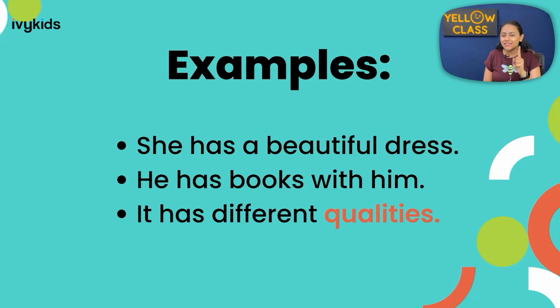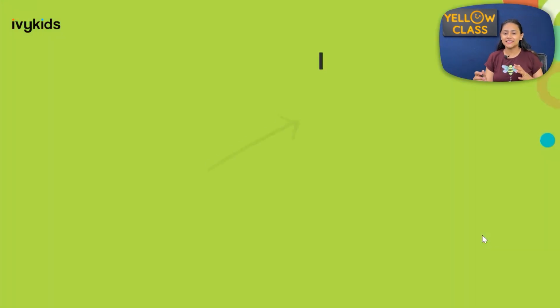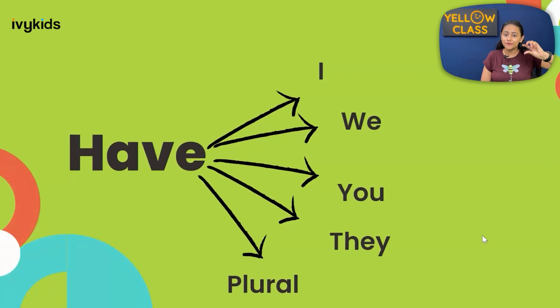So our today's word of the day will be related to this word, qualities. What you need to do in this case is stay calm and wait for the end of the session. I will definitely reveal the word related to qualities. For now, let us continue.